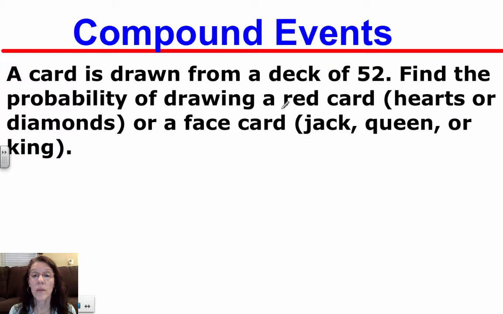Well, probability of drawing a red card. How many red cards are there? Half of the deck is red, so 26 out of 52 cards are red. Then the or says add. Face cards. How many face cards are there? Well, there's 4 of these, there's 4 of those, and there's 4 of those for a total of 12 cards.